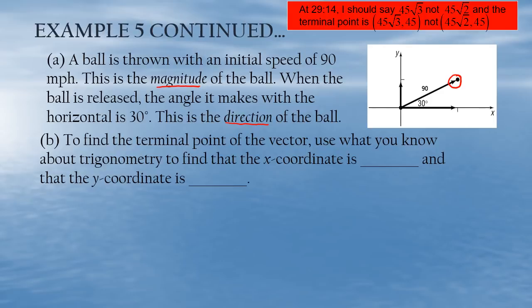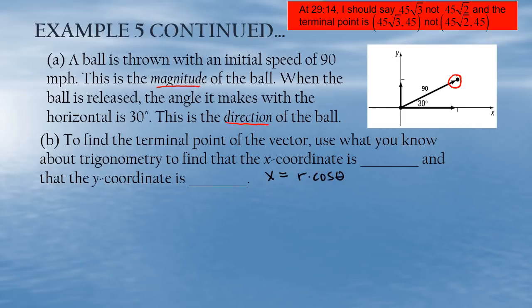So you might have to remember back to what we've done in some other sections, but I think that with a little bit of thought, especially with the work that we did in polar coordinates, you remember that we said that x is equal to r times the cosine of theta.